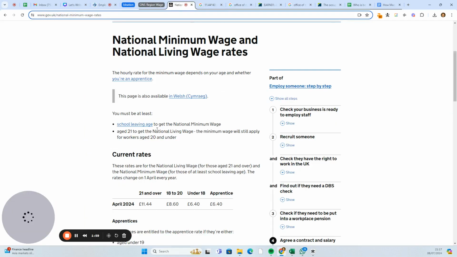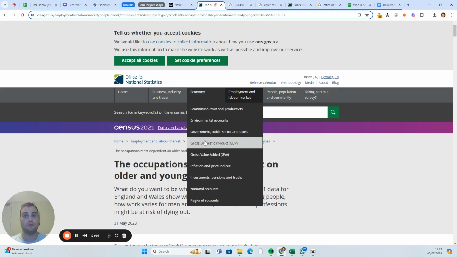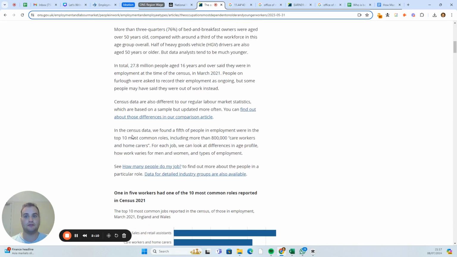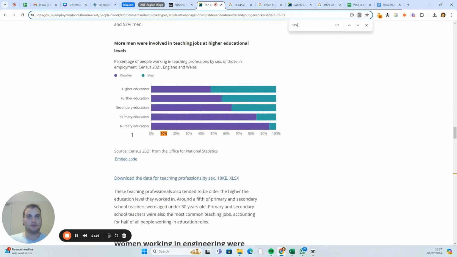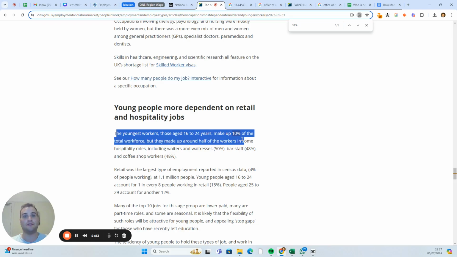So I start off with what is the minimum wage, and it's £11.44 an hour for anyone 21 or over. I then combine this with this article, which says that people aged 16 to 24 make up 10% of the total workforce.